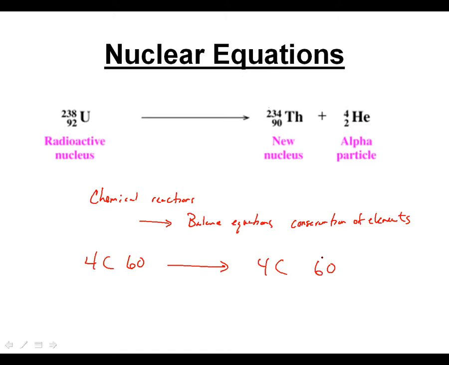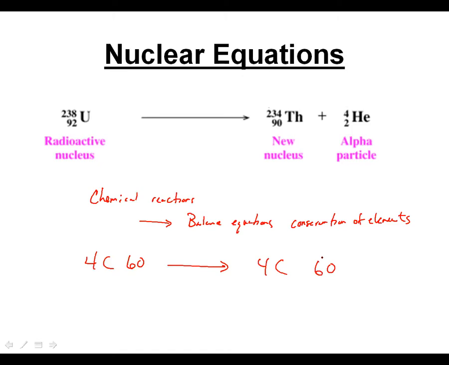Now, when we have a nuclear reaction, it's actually different. In a nuclear reaction, we actually don't have the conservation of those elements. We actually start with one element, and we oftentimes will form 1 or 2 new elements. And that's a tremendous difference between a chemical reaction and a nuclear reaction.